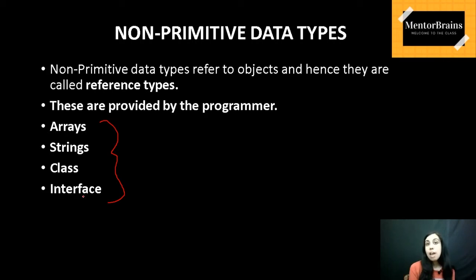I have also been using the keyword class before when I've written short programs for you, and we'll be using this class keyword further. String I have also used before, but I'm going to tell you in detail again in the further lectures.